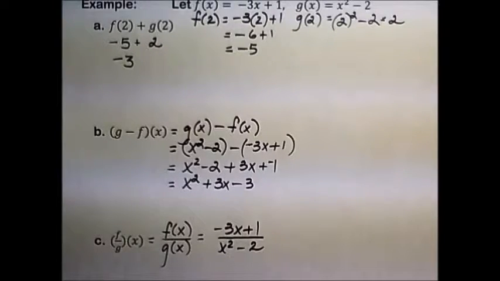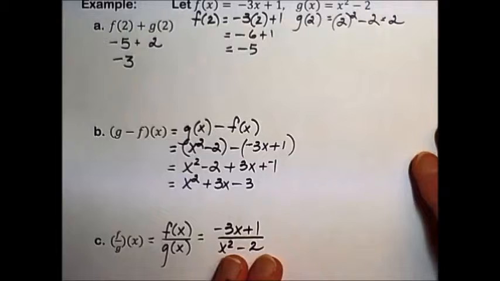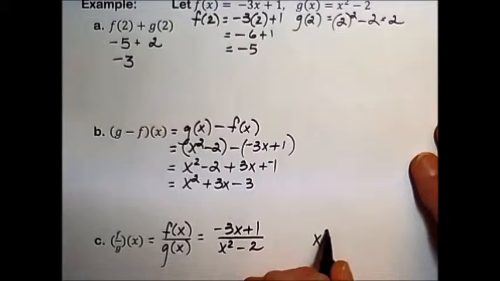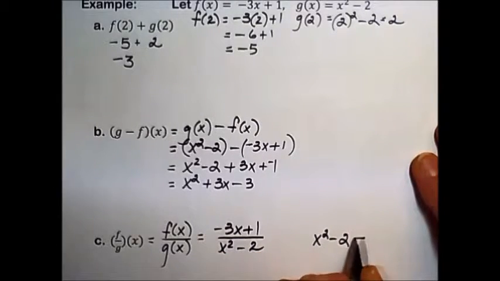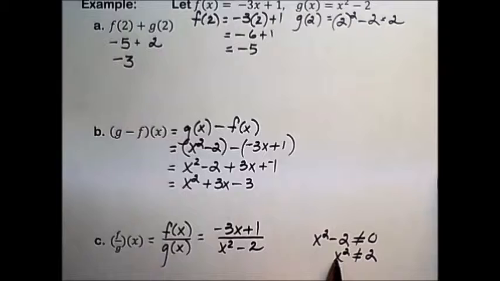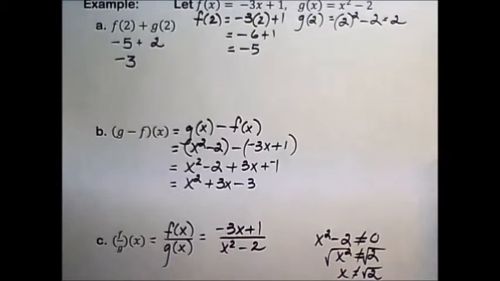We can't simplify it any further other than restricting our domain so that we don't get a 0 in the denominator, which means we do not want x squared minus 2, the quantity in the denominator, to equal 0. Add a 2 to both sides, or take that minus 2 to the other side, makes it positive. And then to get x by itself when it's squared, we'll take the square root of each side. And so this would be our restriction.